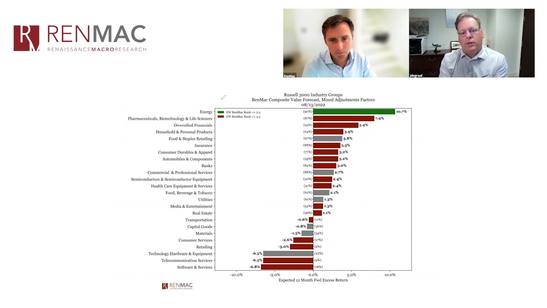And then what we do is we put those together in this schemata, where we can see where the cheapest and the most expensive names or industries are based on their specific valuation work. So as an example, cap goods is going to be a different valuation technique than, say, healthcare equipment and services, but we can combine those to get a sense as to what the likelihood of forward returns are given those valuation techniques.